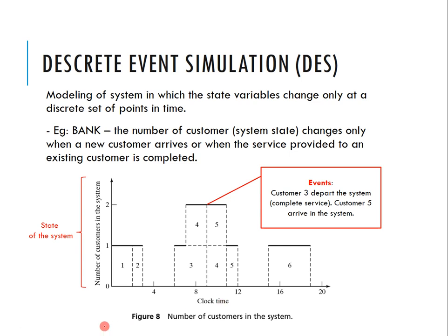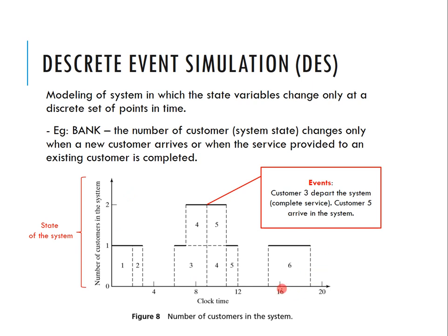So kenapa dia discrete? Why is it called a discrete set of points in time? Sebab when the customer arrives, it happens at a discrete time, and the customer departing from the system also happens at a discrete time. So kita only track arrival and departure, for example, to measure the number of customers in the system. So from this figure, I hope you try to understand this figure, right?